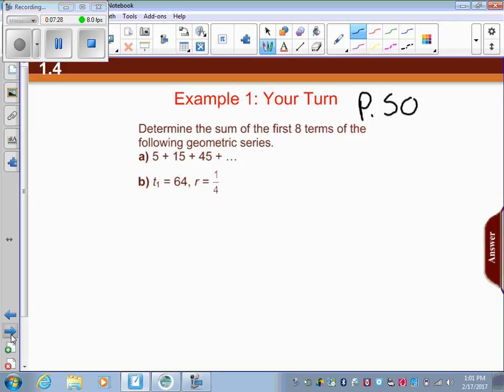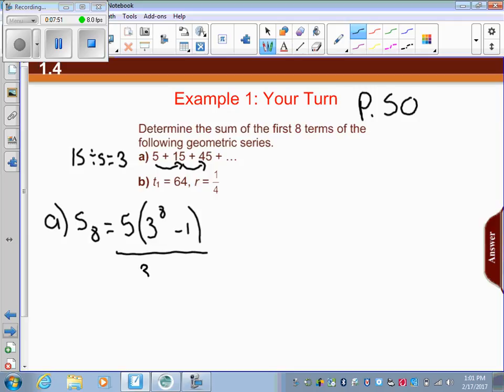Okay, and we will try this one together. First, to figure out r, we will do 15 divided by 5, which is 3. So for A, my sum of 8 terms, I take the T1, which is 5. My ratio is 3 to the power of 8. Subtract 1. 3 take away 1.